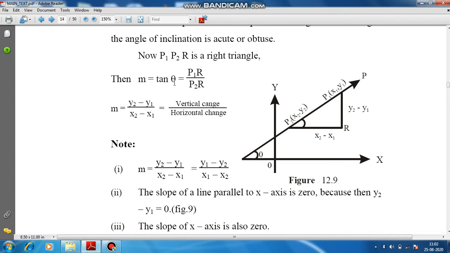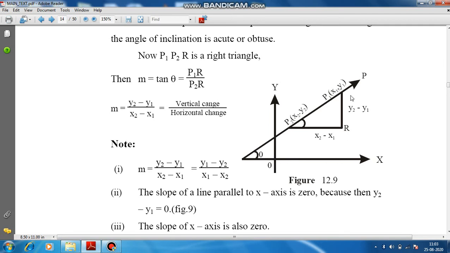From trigonometry we know that tan theta equals this line by this line, perpendicular by base, that is P1R by P2R. The perpendicular we are getting is y2 minus y1 or y1 minus y2, whatever you take. And what is P2R? If we have a perpendicular up to this, then this length equals the whole length minus this length.